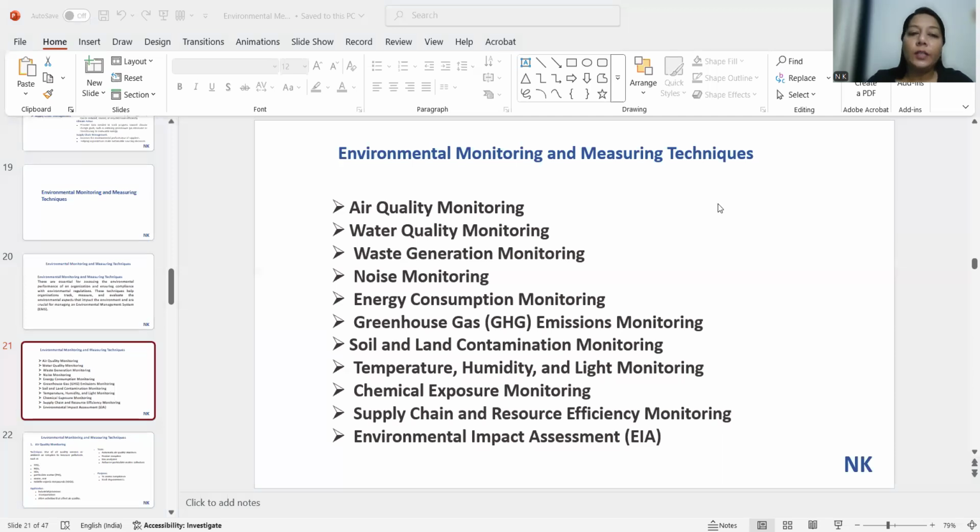The first is air quality monitoring, water quality monitoring, waste generation monitoring, noise monitoring, energy consumption monitoring, GHG (greenhouse gas emission) monitoring, soil and land contamination monitoring, temperature, humidity and light monitoring, chemical exposure monitoring, supply chain and resource efficiency monitoring, and environmental impact assessment, EIA monitoring. So these are some monitoring and measuring techniques.